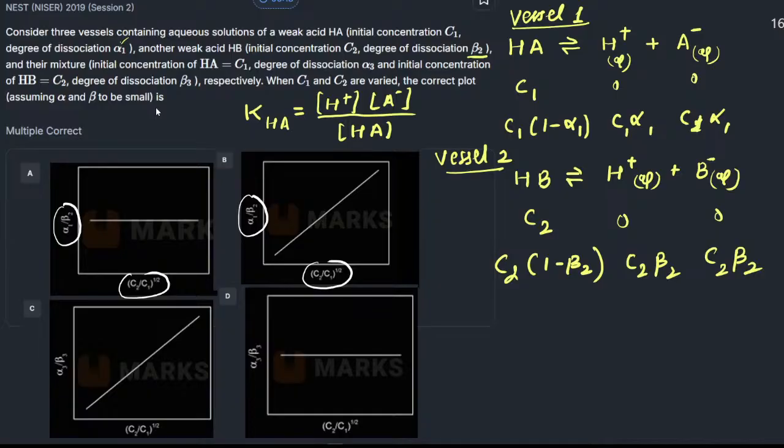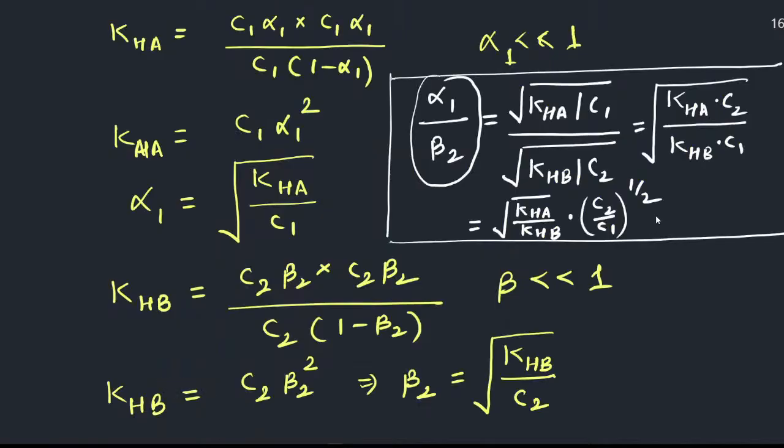Alpha 1 by beta 2 is Y. This one is constant, square root of KHA upon KHB, that is the slope, and this is X. So if X, square root of C2 by C1, increases, what about Y?